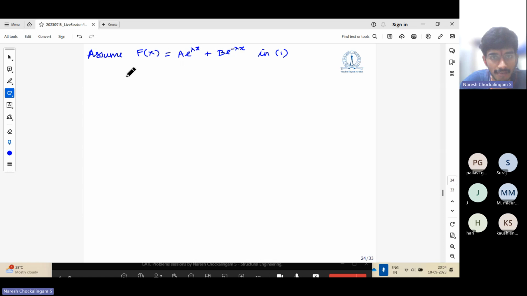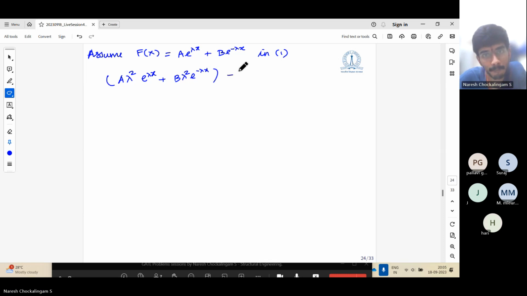So e power lambda x, you'll get a lambda square e power lambda x plus b lambda square e power minus lambda x, plus what we already have, a minus k times a e power lambda x plus b e power minus lambda x is equal to 0.